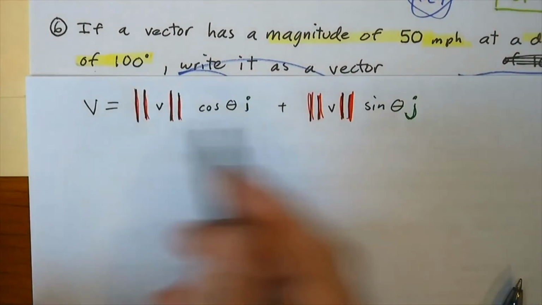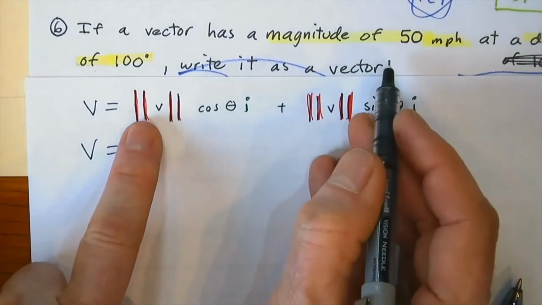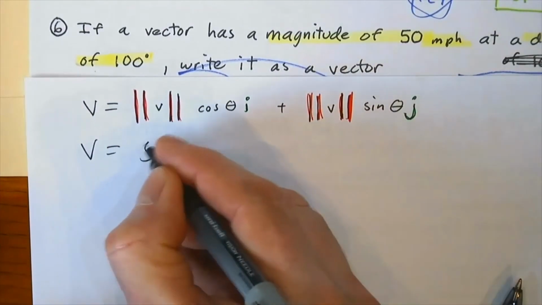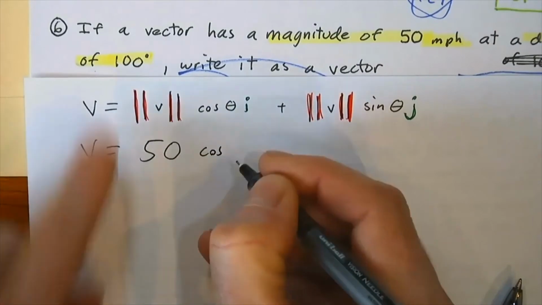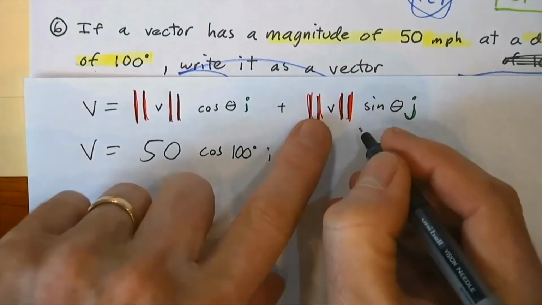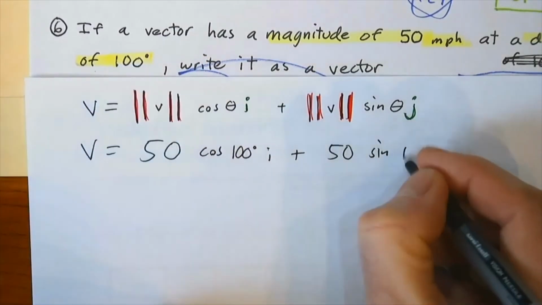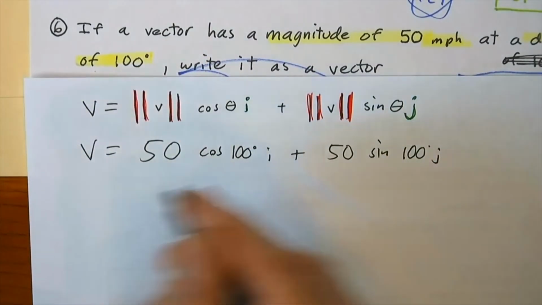Sorry, it was kind of messy. I don't even have to draw the vector. You're just going to put the magnitude. It's already right there, 50. So you write 50 cosine of the angle, 100 degrees, i. Then do it again: the magnitude, 50, sine of the angle, 100 degrees, j.